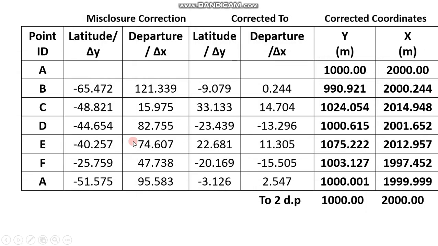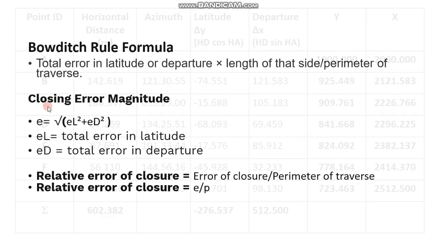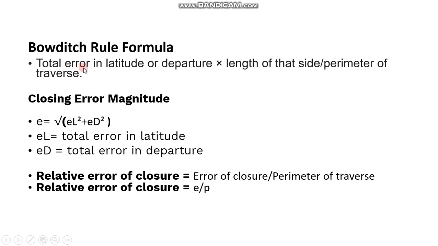Then from there, for the misclosure correction, that's where we will be using the Bowditch formula, which says the total error in latitude or departure multiplied by the length of that side over the perimeter of the traverse.